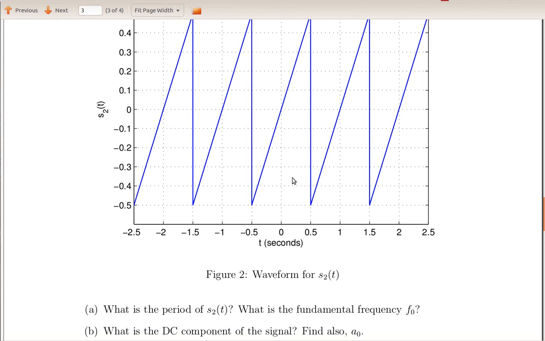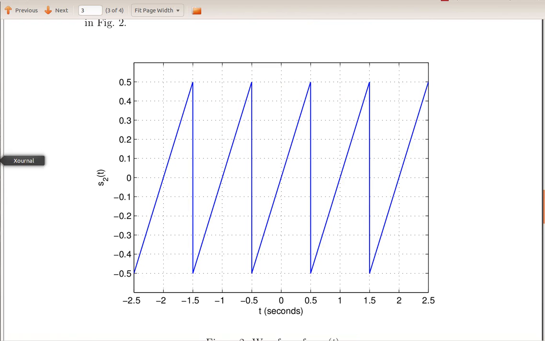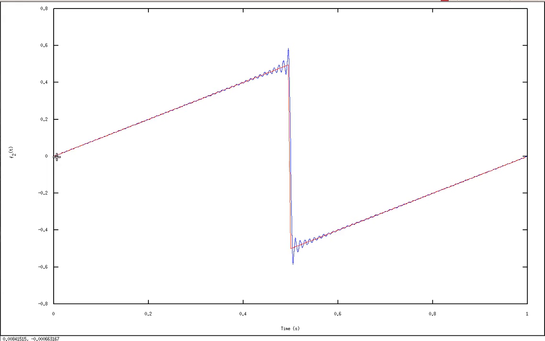That's the red line. And the blue line that has the ripple is your Fourier series, using 100 coefficients. That's what we see here. Now, seeing this, it verifies that we've done it correctly because the shape is good. It basically matches quite well to our theoretical.